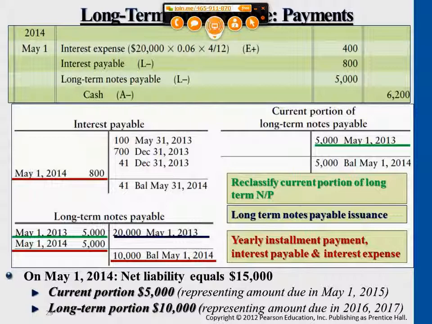So the red part of the numbers creates that first journal entry, the upper journal entry. Any questions to this?